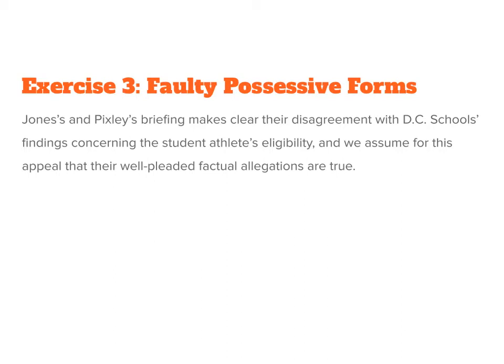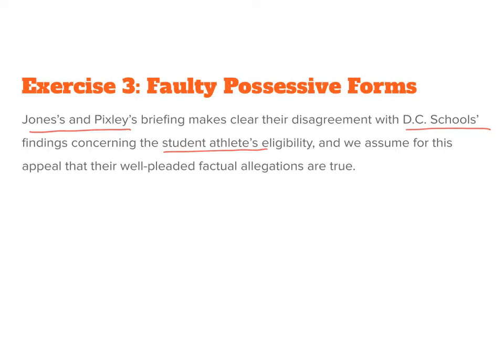So in exercise 3, it was talking about faulty possessive forms. And in this exercise, you needed to think about which was the possessive and how to form it. So in this example, we have Jones and Pixley's as one of your possessives. You have the DC schools as another possessive, and you have student athletes as another possessive.